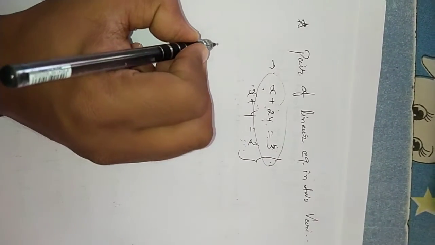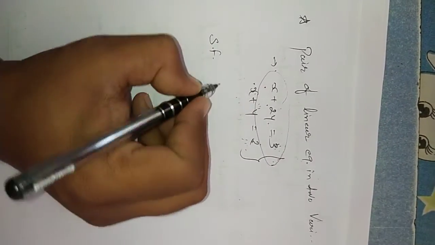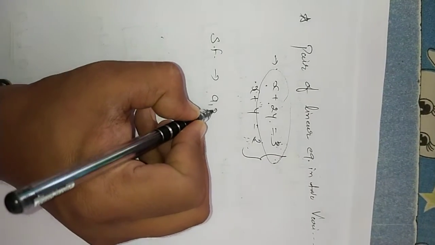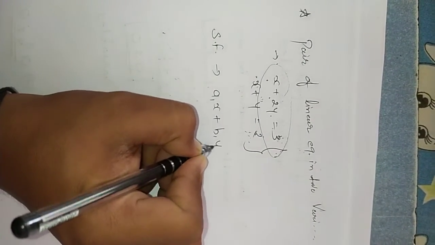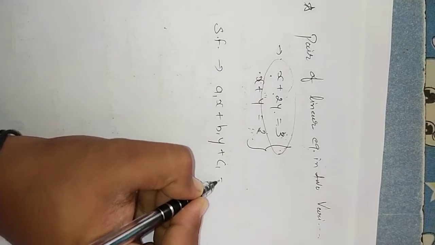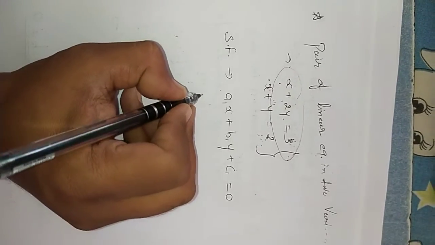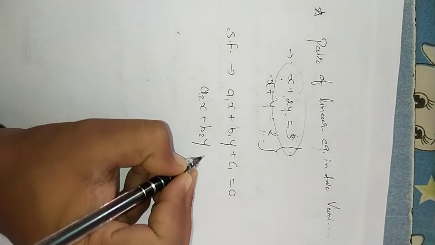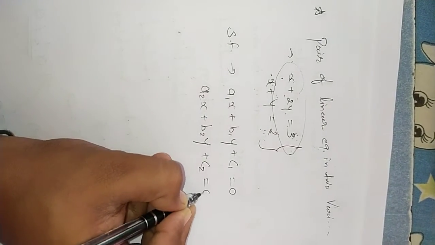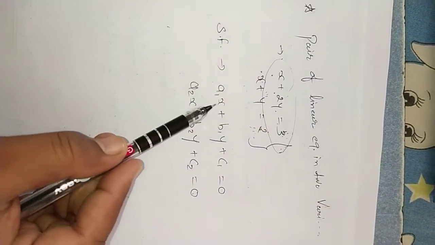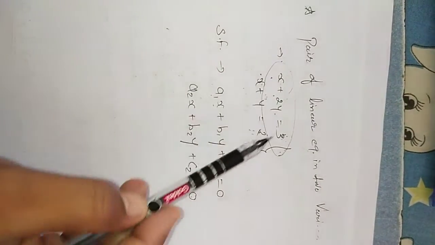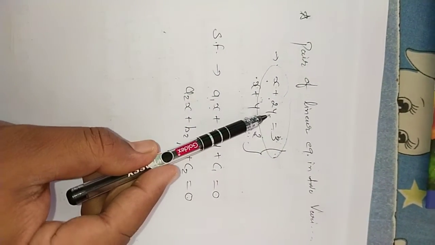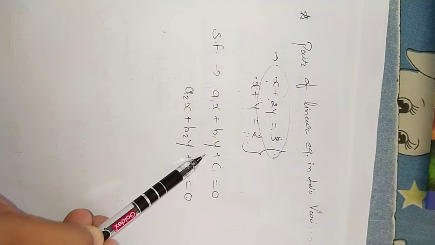The standard form is a1x plus b1y plus c1 is equal to 0, and a2x plus b2y plus c2 is equal to 0. Here a1 is the coefficient of x, b1 is the coefficient of y in the first equation, and c1 is the constant term.